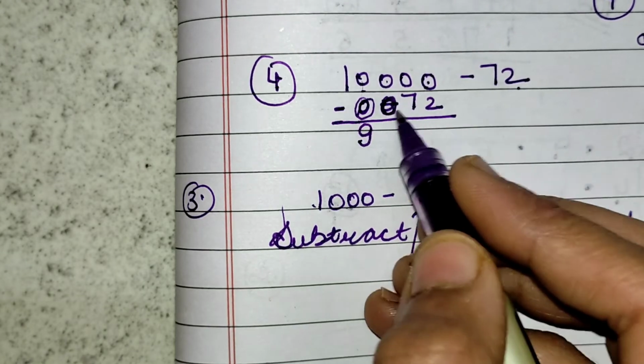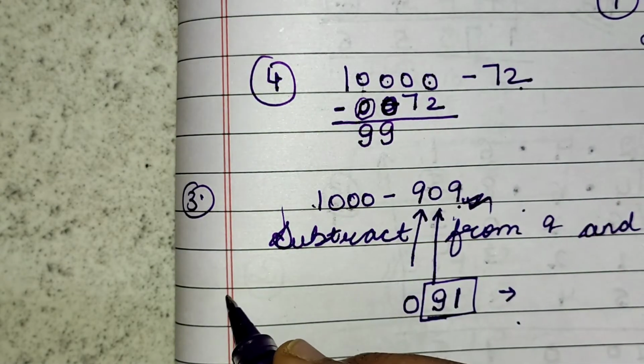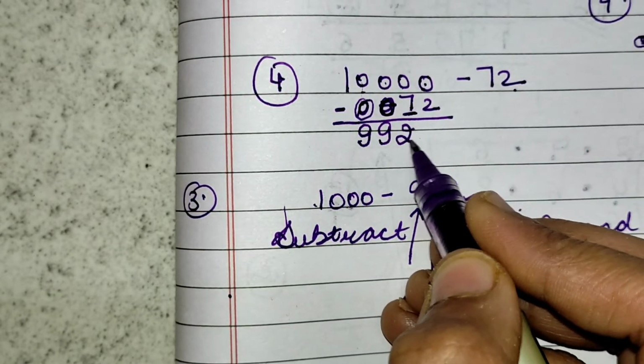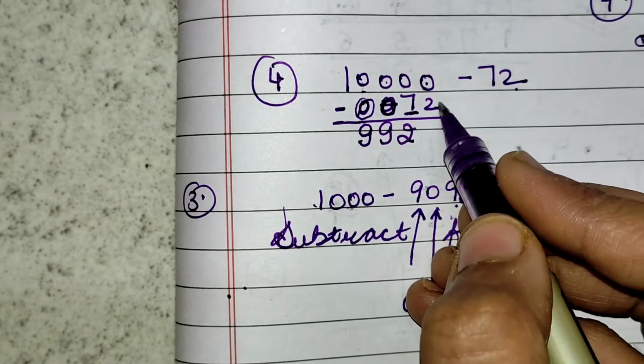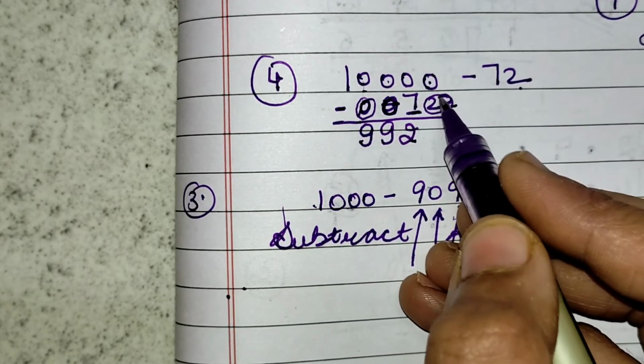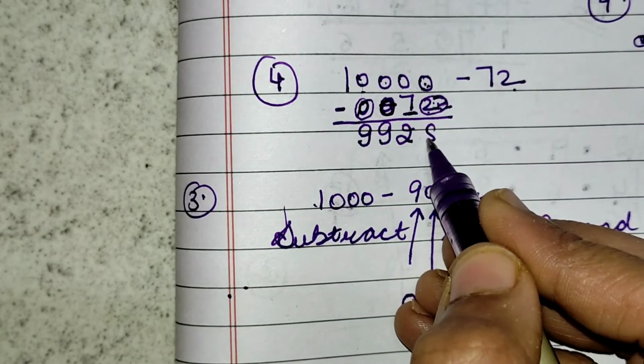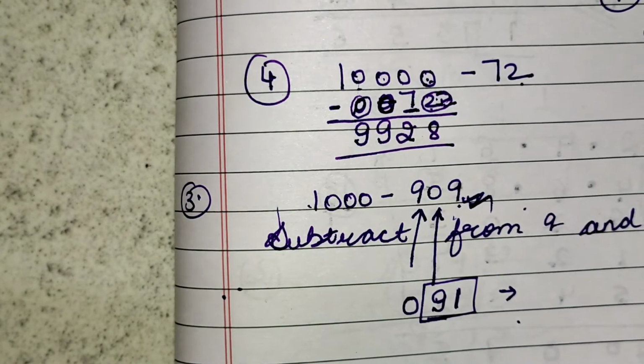This will also give me 9 minus 0, which is 9, and this will give me 9 minus 7 as 2. The last digit is 2, so it will be subtracted from 10. So 10 minus 2 will give me 8.